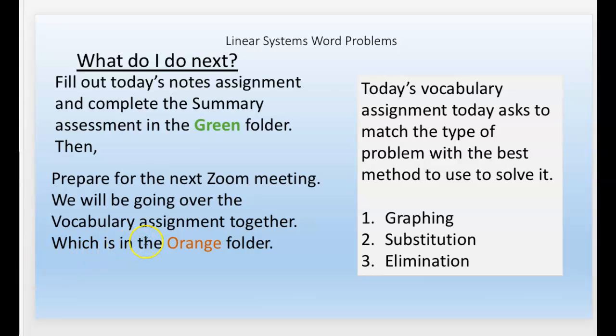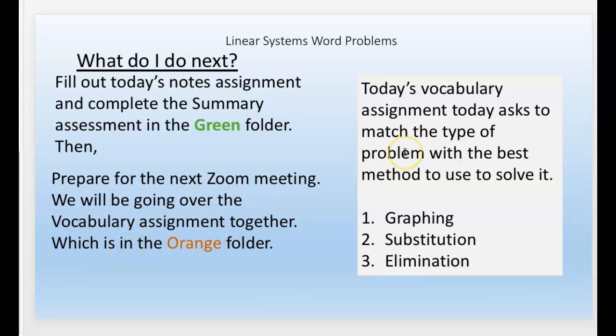All right, guys, right now, please fill out the notes assignment and complete the summary. That's in the green folder, which you should be inside right now, watching this video. Again, get prepared for the next Zoom meeting. We're going to go over the vocabulary assignment together, which is in that orange folder.